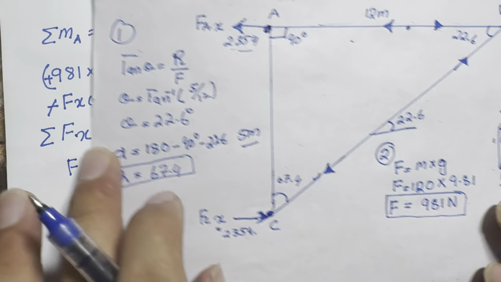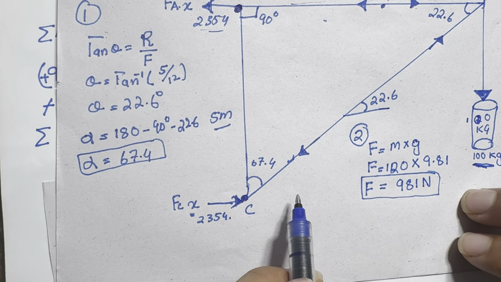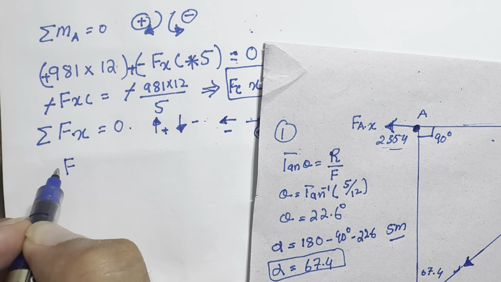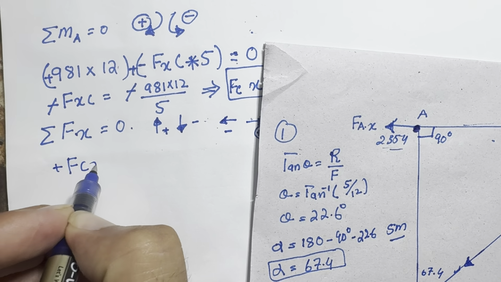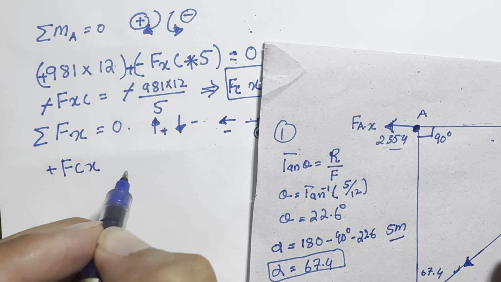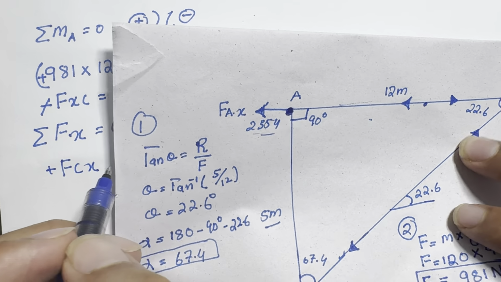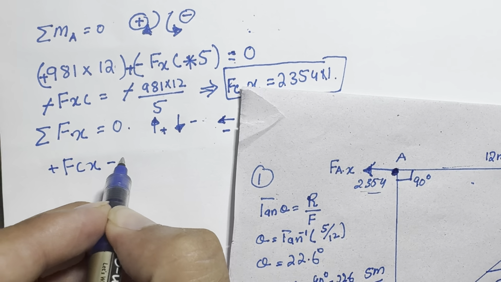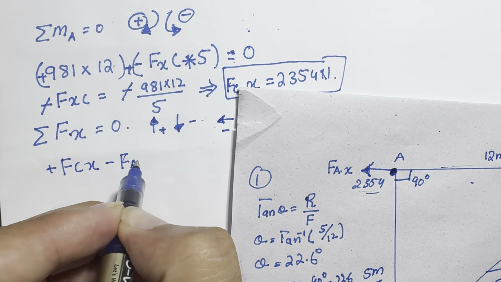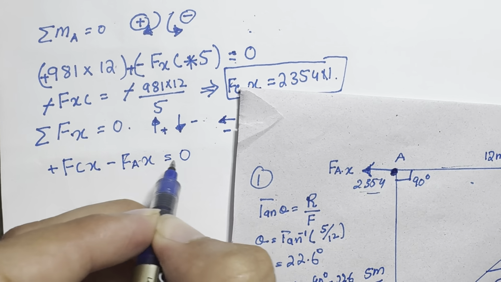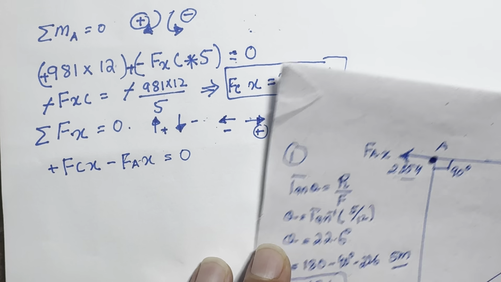So this force is directed toward the right, positive FCX, and this force directed toward the left, negative FAX, equal to 0. Only these two forces.